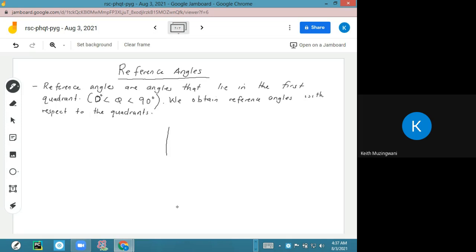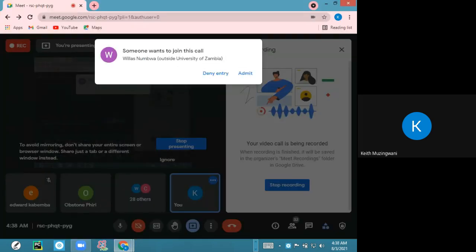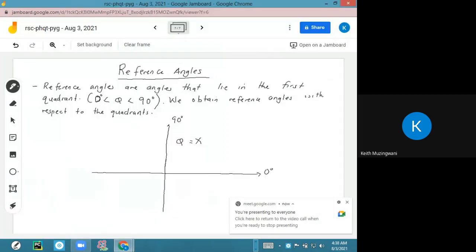Let's see this. From 0 to 90, the definition says all the angles that lie here are reference angles. So if you are given x here and they ask you to find theta, the reference angle of x, you say that x will be the reference angle of itself.